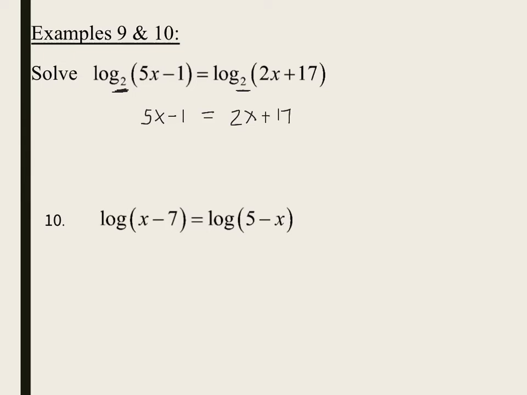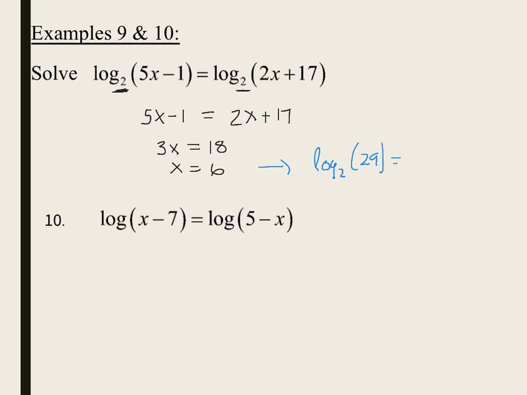Now we just solve for x, and here we get 3x is equal to 18 and x is equal to 6. And of course, if we put that into the original equation, we just have the log base 2 of 6 times 5 is 30 minus 1, which is 29 on this side of the equation.